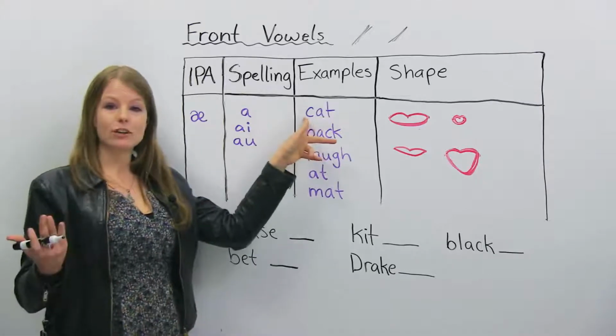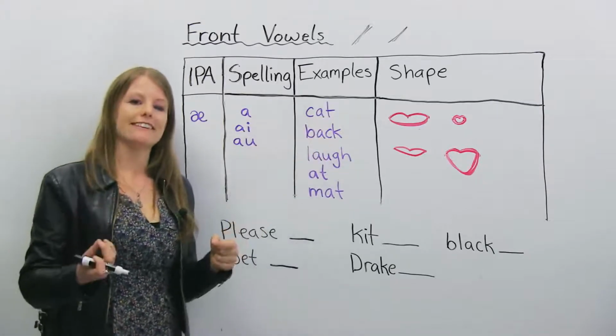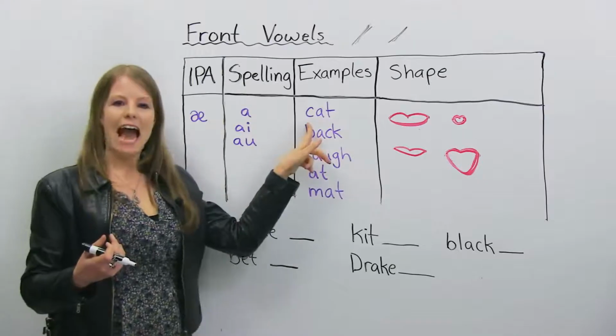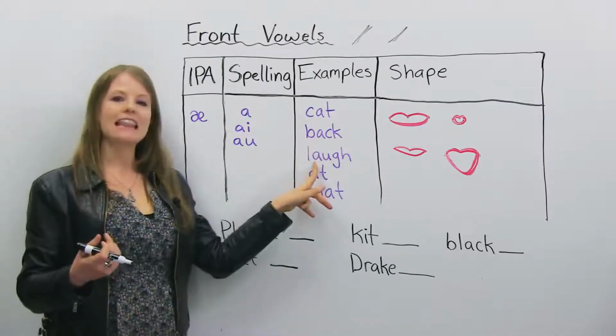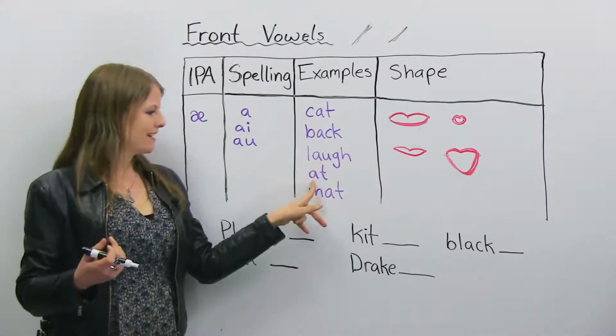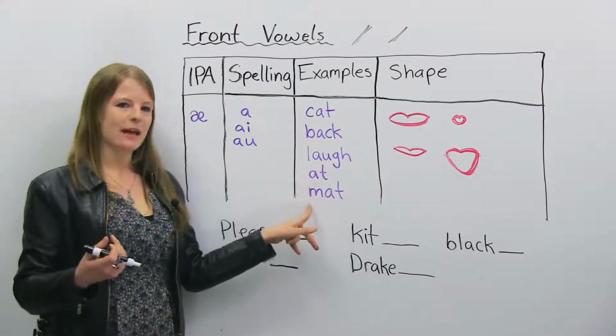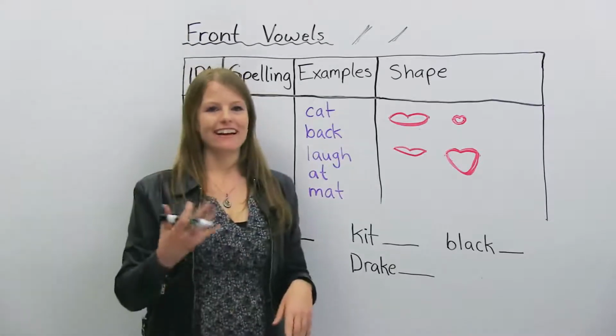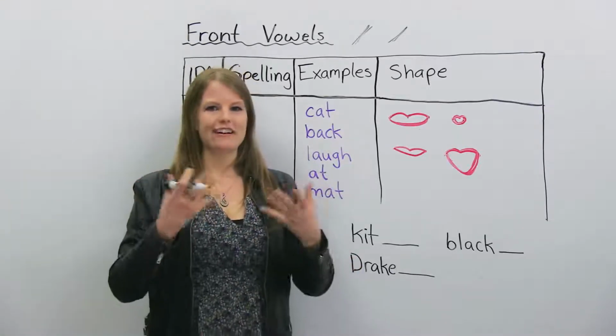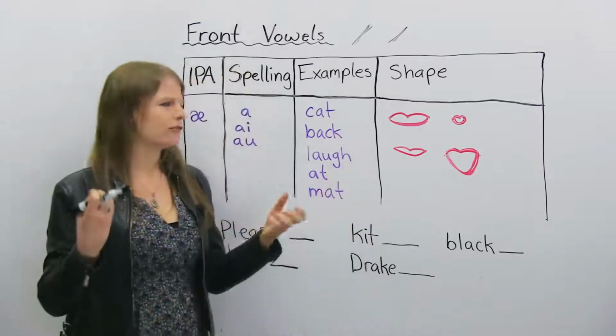Okay, so let's look at some examples of words that have this sound in it. Cat, back, laugh, at, mat. This is actually one of my favorite sounds because your mouth is huge for this.